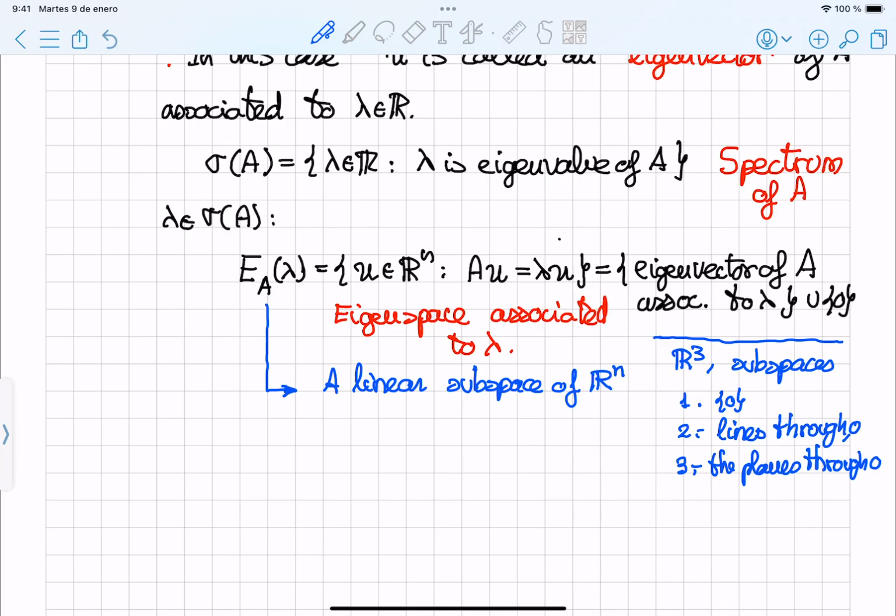So let's complete this box. The whole R3. Okay, so these are the subspaces.